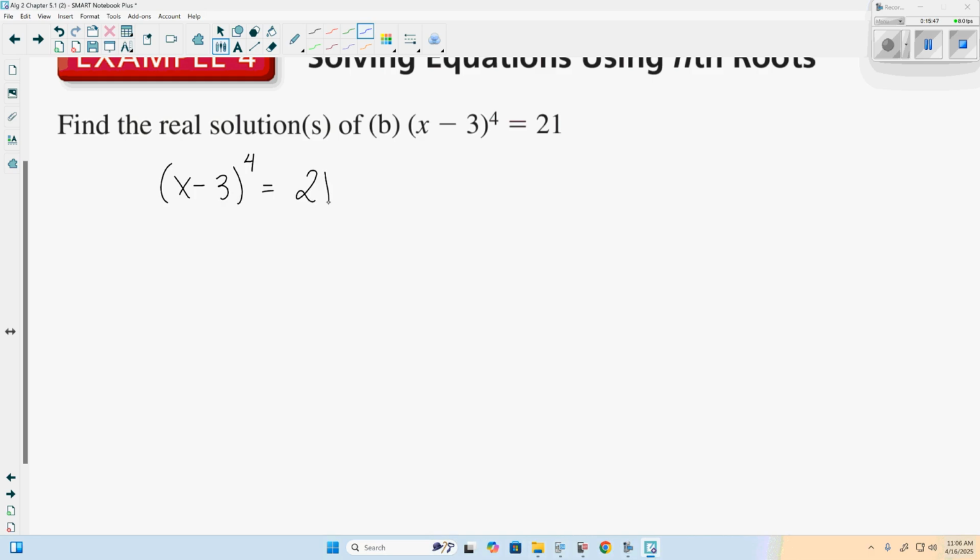Our next one, we want to find the real solutions for x minus 3 to the 4th equals 21. Again, the first step is to get the term to a power by itself. Well, the term to the power is what? The x minus 3. Is it by itself?